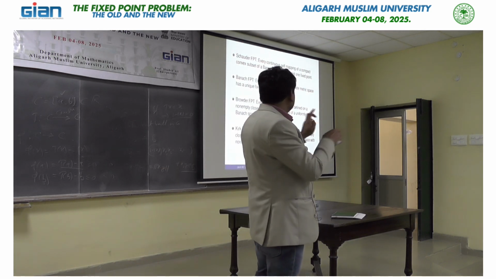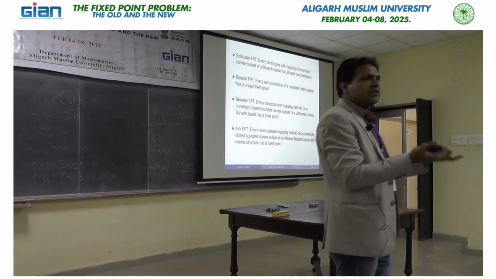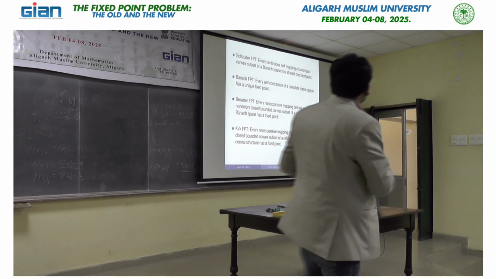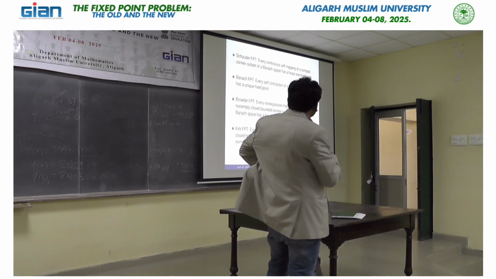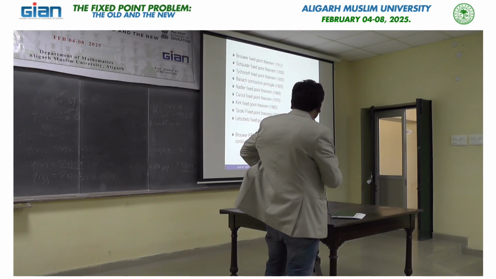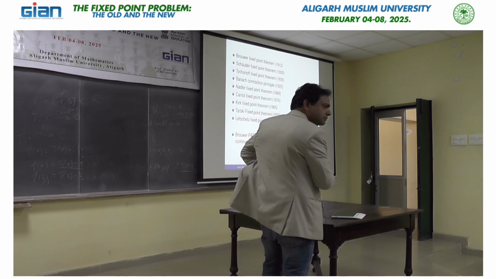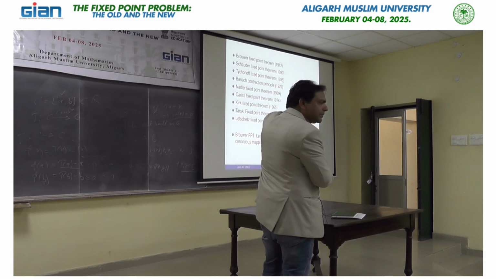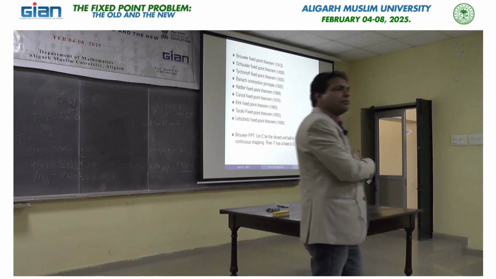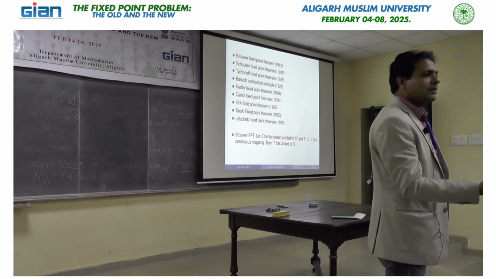Because in R, compact and closed and bounded are the same thing. So here I just put the words closed and bounded, otherwise some authors put compact here. If I put compact here, you may say, sir, what is the difference?